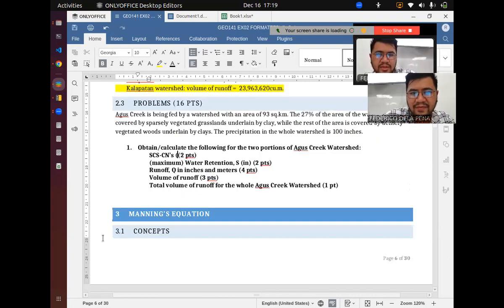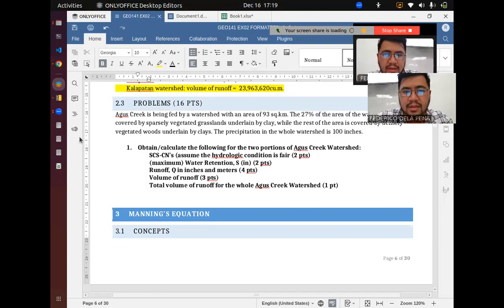So to simplify everything, assume the hydrologic condition is fair. Okay, so just assume fair hydrologic conditions since I didn't give it.